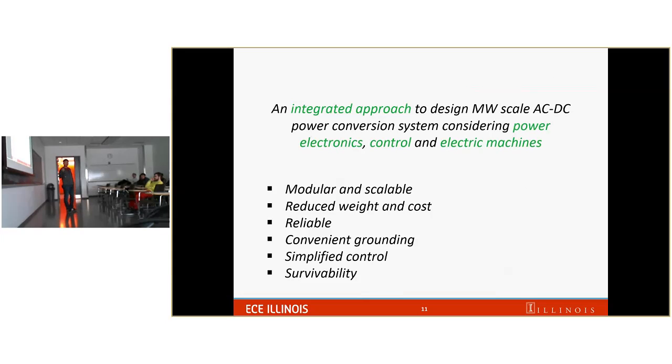It has to be light and cheap, because that's what we want to have. It needs to be reliable. And the last 3 are specifically for ship requirements. It needs convenient grounding, simplified control, and high survivability, in case a ship is under attack, so it is still able to survive.